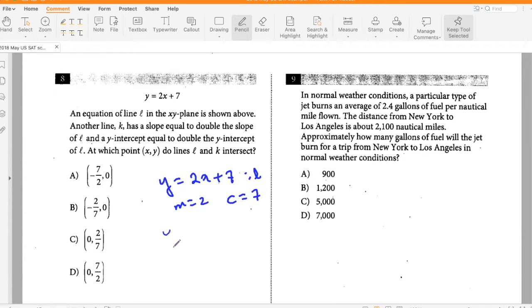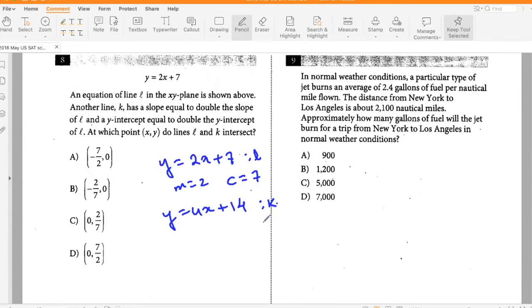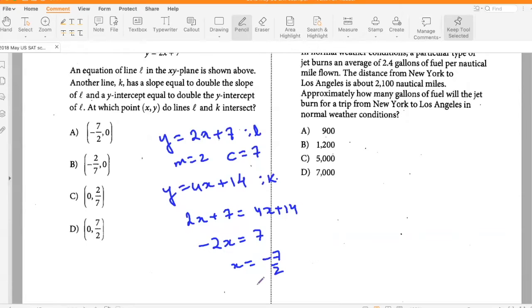So for K, y will be 4x plus 14. This is line K. So where do they intersect? 2x plus 7 is 4x plus 14. So minus 2x is 7. So x is minus 7 by 2. So the only option with x minus 7 by 2 is option A. So that's the answer.